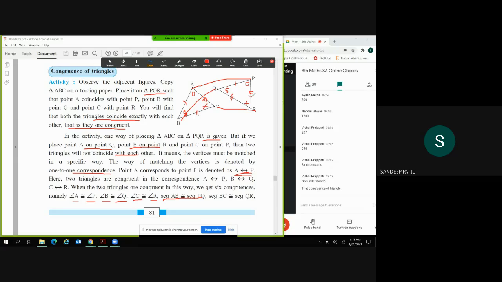So I put the same type of notation for each segment, right? So there are 6 congruences. So here there are 6 kinds of congruences. 3 are of sides, meaning sides or segments, and 3 are of angles.